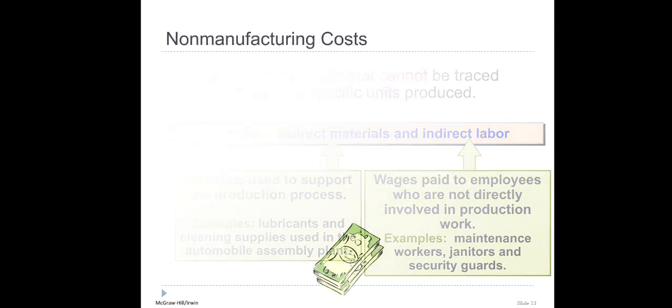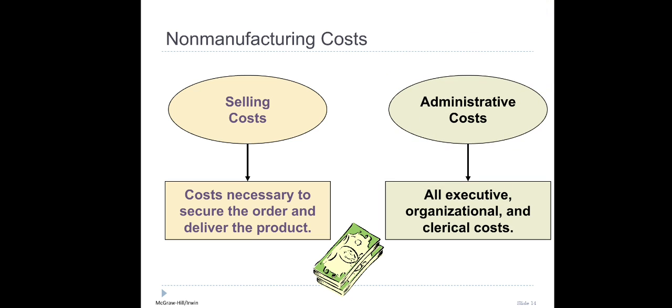Okay, if there is a question like this, the question asks you, what are 3 costs that have to be paid when a business is producing a product? So the answer is direct material cost, direct labor cost, and manufacturing overhead cost.